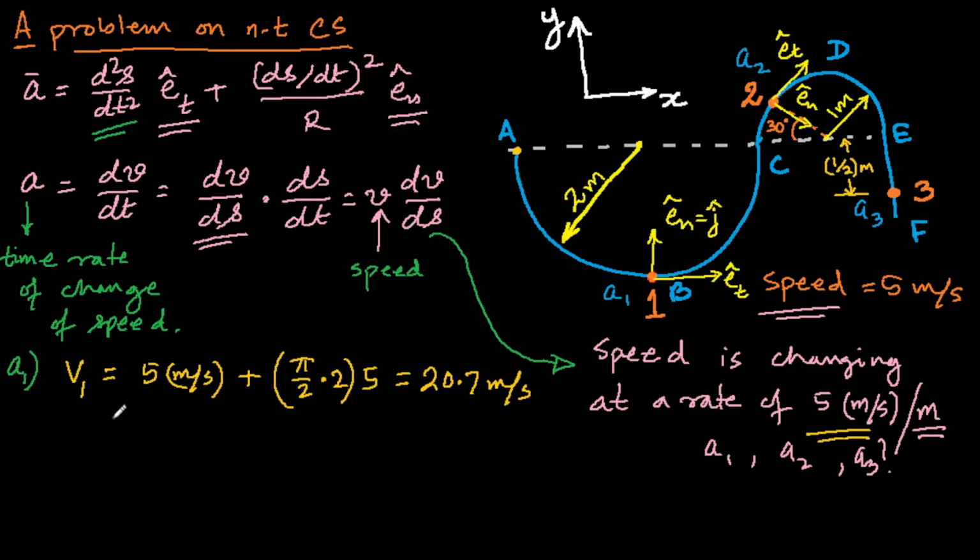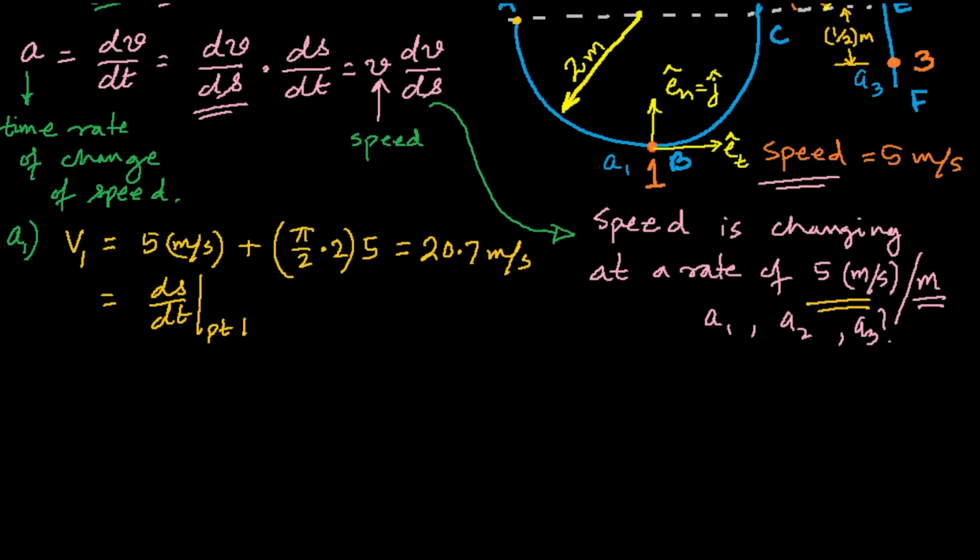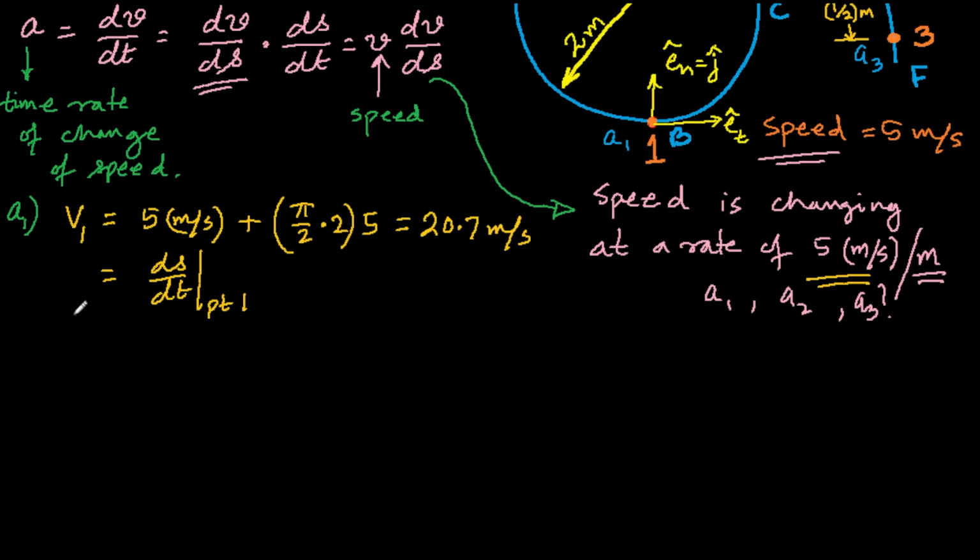So this is like ds over dt at point 1. Now let's calculate d square s over dt square, which is nothing but this term.